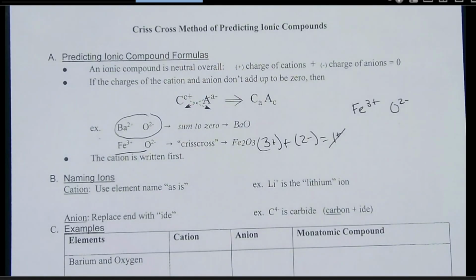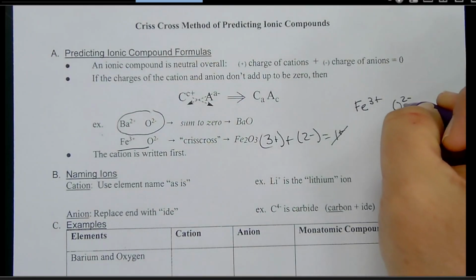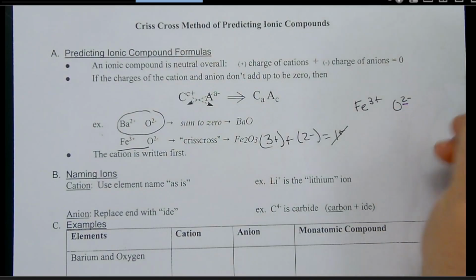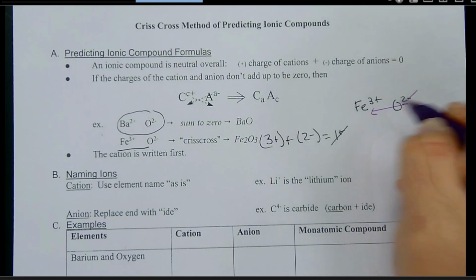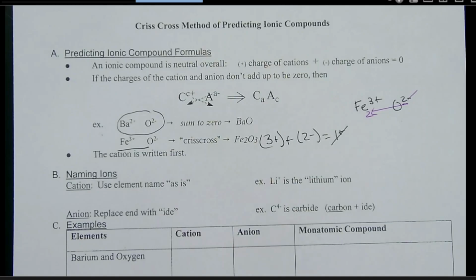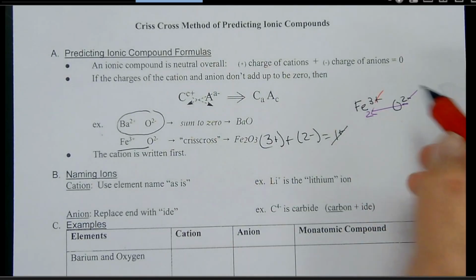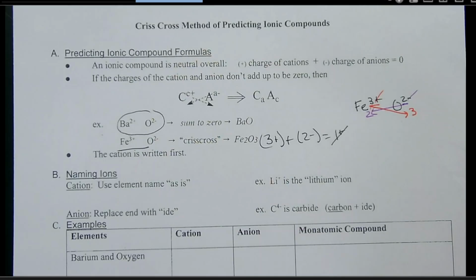To make it even, you can think that you need 2 of these and 3 of these. But what you can do instead is take just the number, not the charge, not that it's negative, and send it over here to iron. So I'm going to need 2 iron atoms, get rid of that charge, and 3 oxygen.